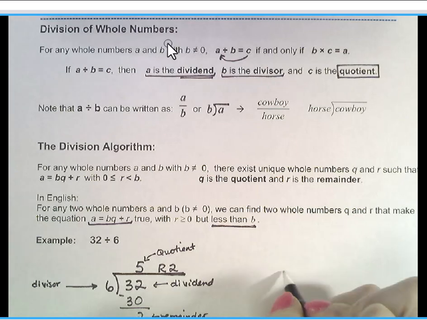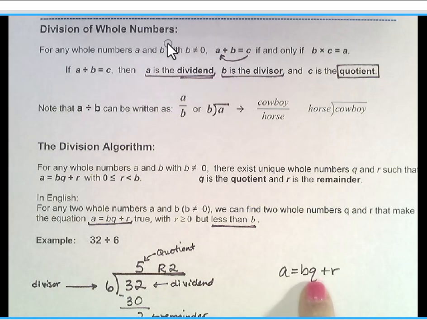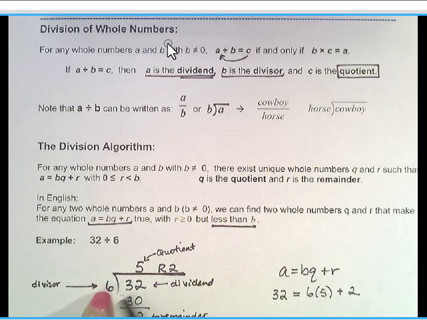So they give us this crazy equation. They say a equals b times q plus r. This is how you check to see if your answer is correct. Let's fill in the numbers. 32 is a, b is 6, times your quotient, 5, plus the remainder, which was 2. 6 times 5 plus this remainder better equal 32 or you didn't do it right.